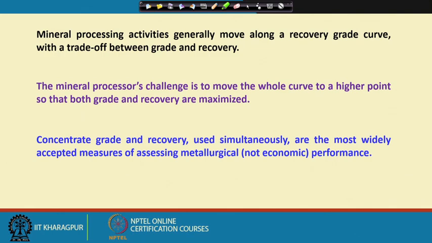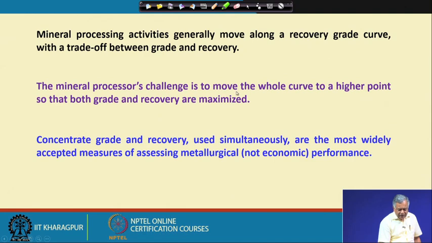That is an interesting scenario which will be discussed very soon, but before that let me reiterate that the mineral processor's challenge is to move the whole curve to a higher point, so that both grade and recovery are maximized. That is the challenge. So, how do we overcome these challenges?